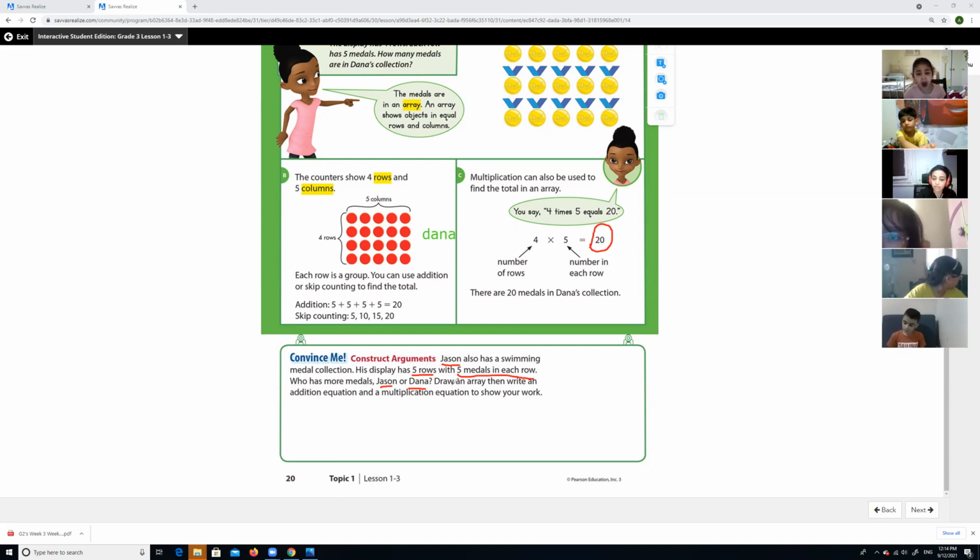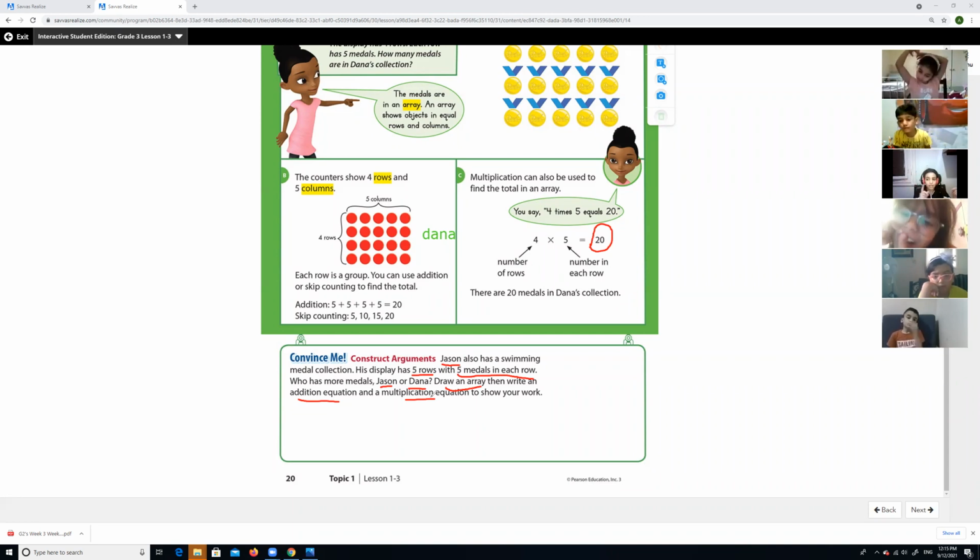Let's continue reading. He wants me to draw array. Draw array. Then write addition equation. Then write multiplication equation. So I have to read all the problem. He asked me a lot of questions here. He asked me to draw array, write addition equation, multiplication equation, and say who has more, Jason or Dana.